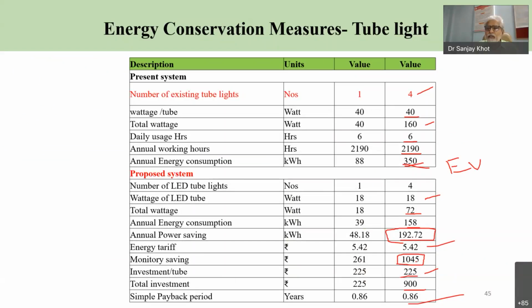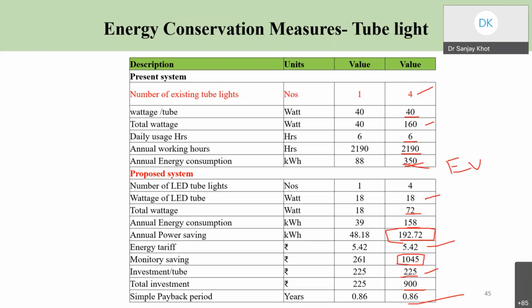So within 1 year all my investment gets recovered, and from the next year onward this much is saving from the tube light. This is a very simple calculation. Similarly we do calculations for electric motors, boilers, furnaces, compressors, air conditioners, like this. So like this we need to do the analysis. Now similarly we'll go for the other appliances, that is the fans.